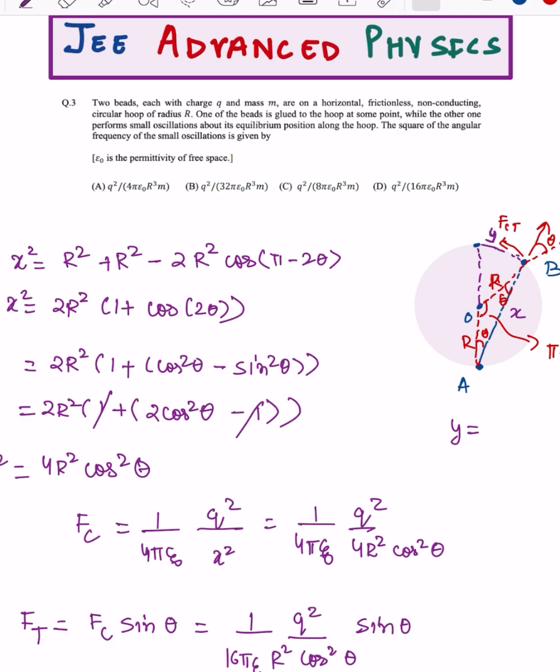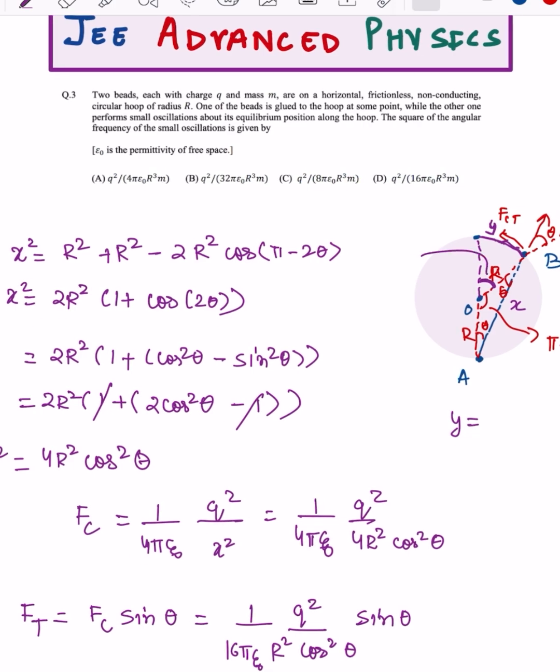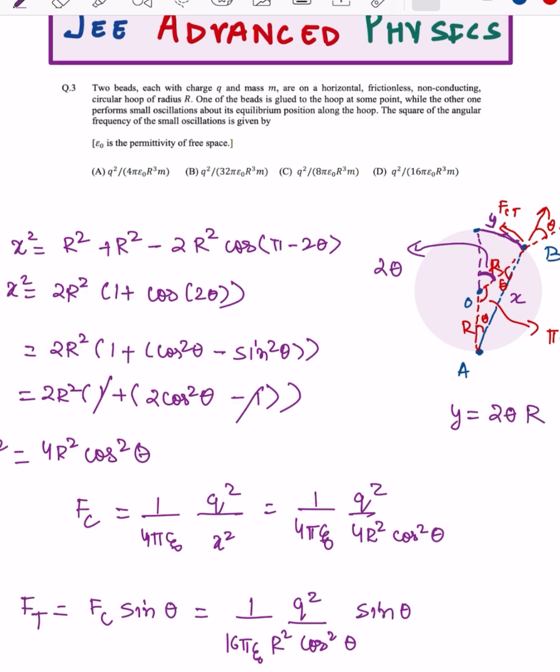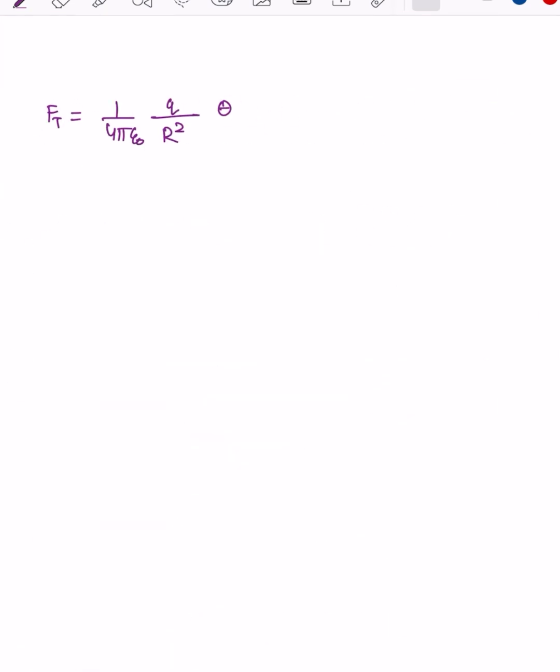That can be found using the arc length formula, so using this angle and this kind of arc, we know y would be 2 theta times r, the radius. Because this is oscillating in this y direction, we need to find this displacement, and we can plug that over here, where theta is equal to y over 2r.